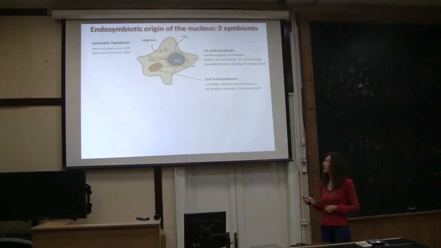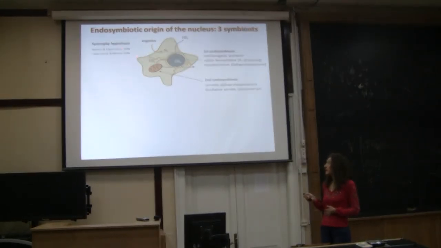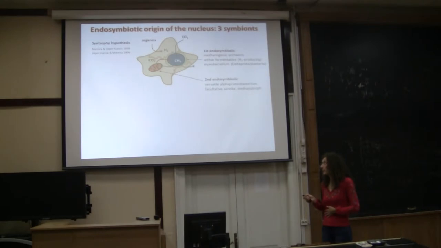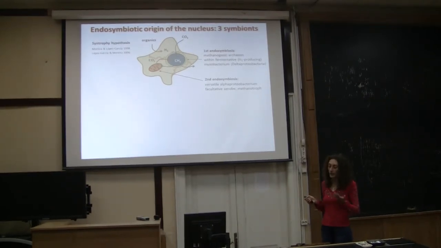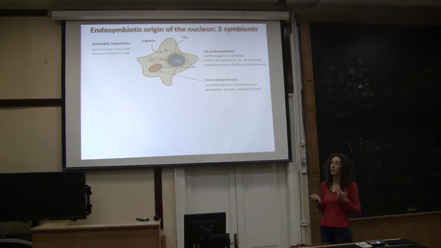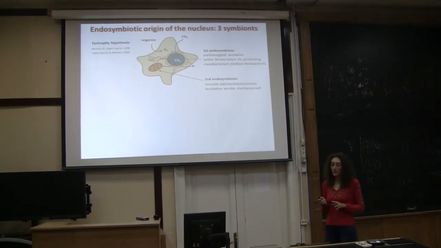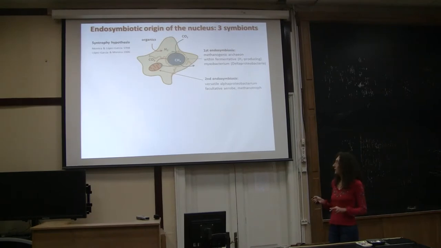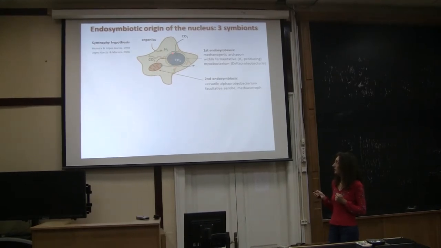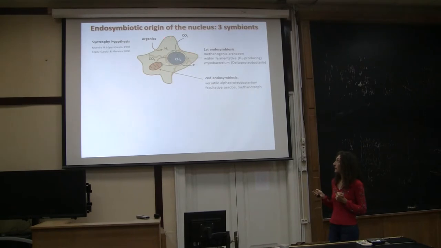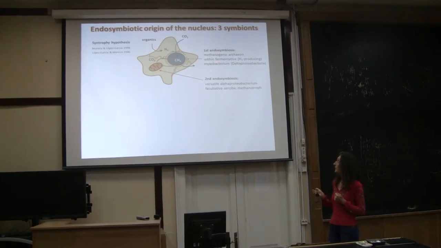At the same time, in 1998, and we refined this model later in 2006, we proposed an alternative model, the syntrophy hypothesis, that is based on two independent symbioses. In our case, eukaryotes would derive from the endosymbiosis of one archaeon, a methanogenic archaeon, within a bacterium that would be a myxobacterium.